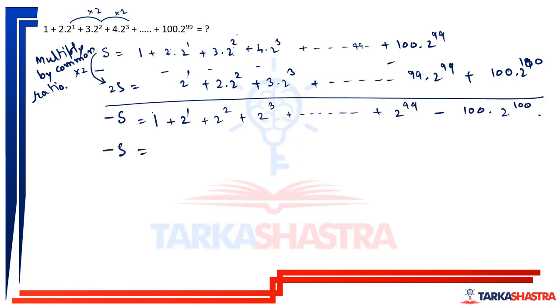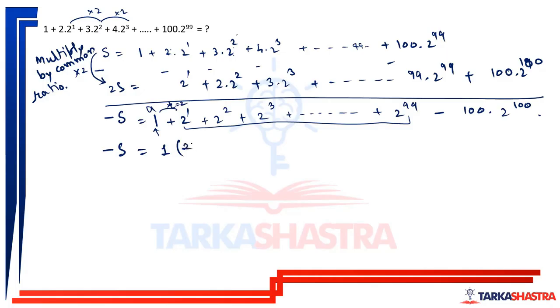This is what your a is. This is your common ratio, which is 2. Now sum of 100 terms. Okay, these are 99 terms and this is your 100th term. Correct. Sum of 100 terms of a geometric progression will be a into r raised to n minus 1 upon r minus 1.